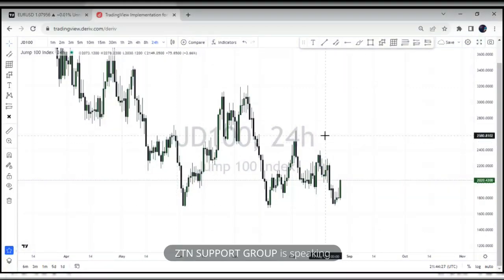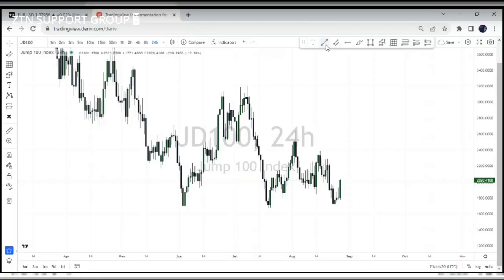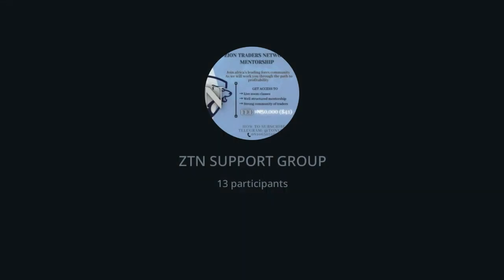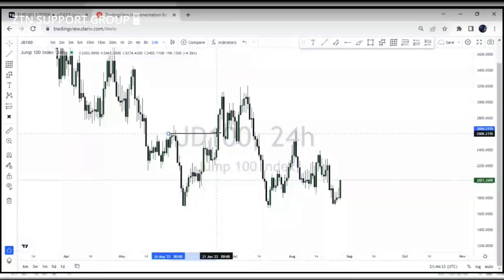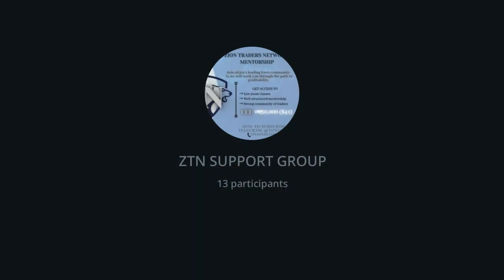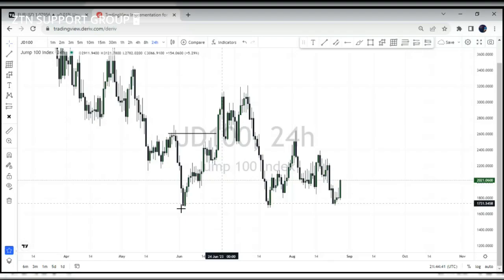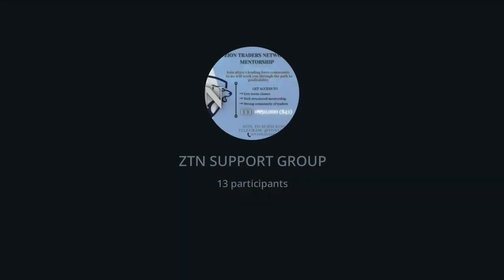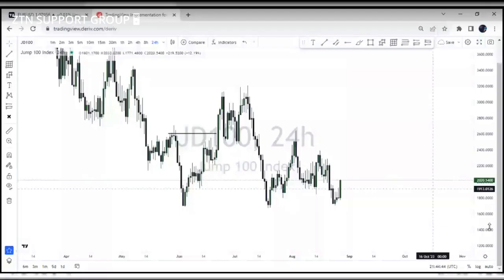All right. First I can see this break of structure. And then it swept this low.